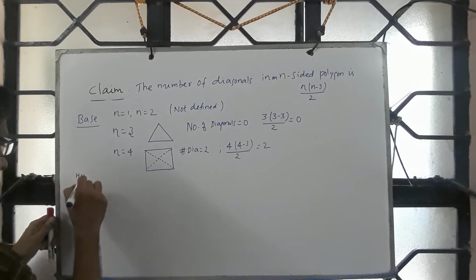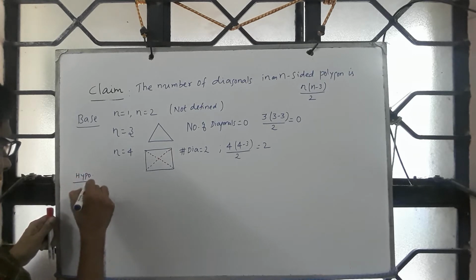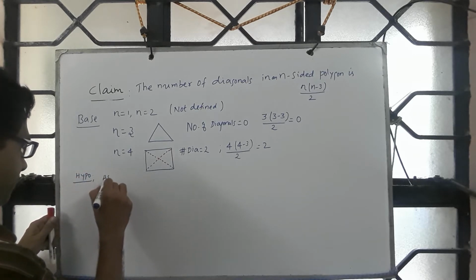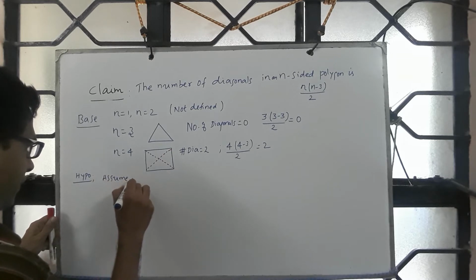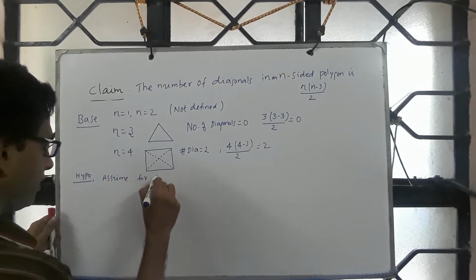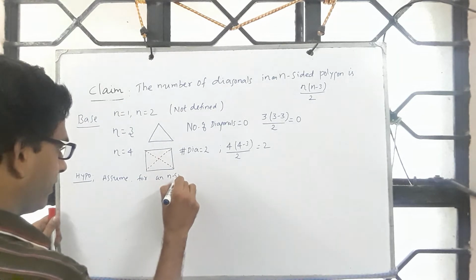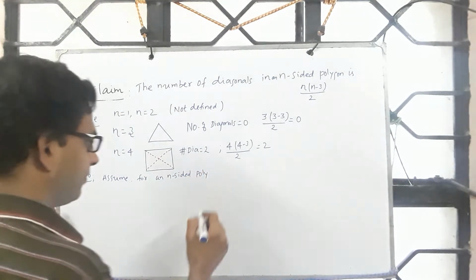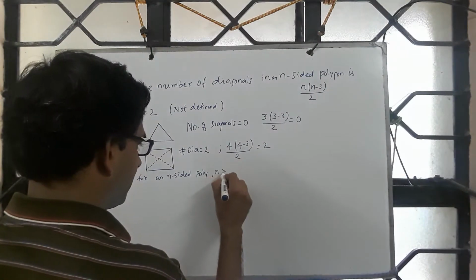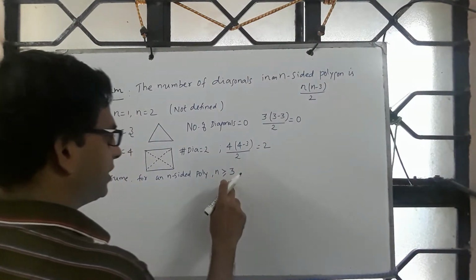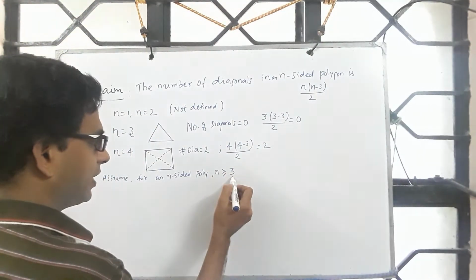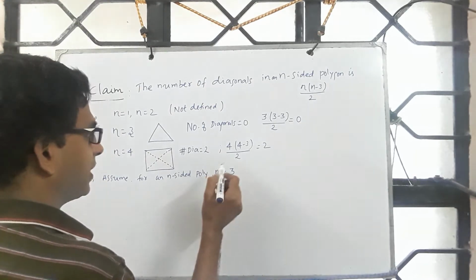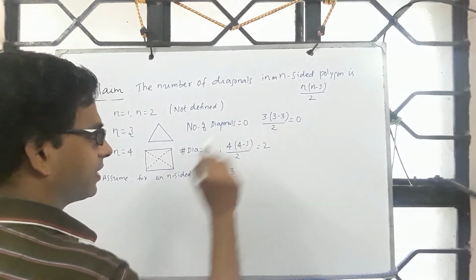Then you have the inductive hypothesis. Assume for an n-sided polygon, n greater than or equal to 3. Please note, I am assuming 3 because 3 is explicitly proved as part of the base case.